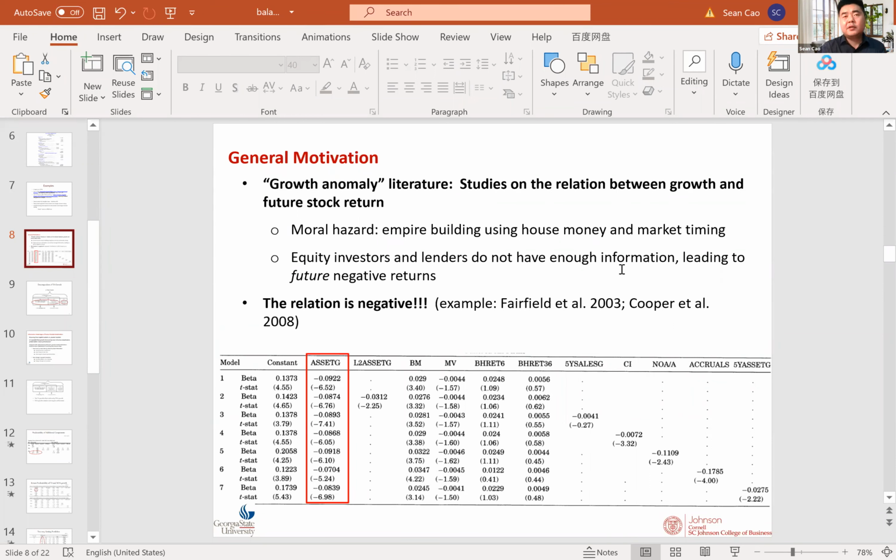So what's the problem here? We can use the balance sheet information to predict the stock price. The theory we have is managers intend to do empire building in a company in order to get more control. For example, if I'm the CEO of a company, I want to hire more people so I can control more people.